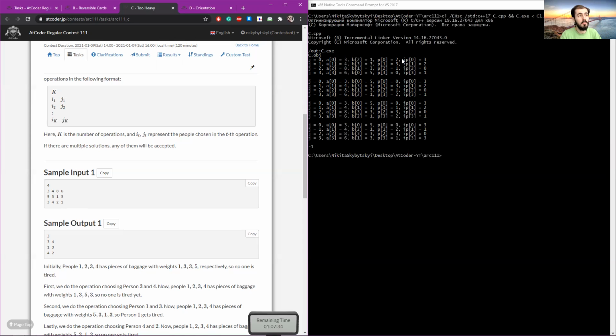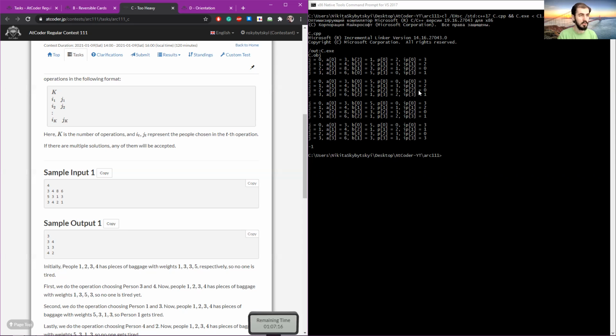Then we swap. Let's see how we swap. From here we first swap 0 and 3, right? And the same goes for baggages. So baggages updated correctly. Inverse permutation updated incorrectly.